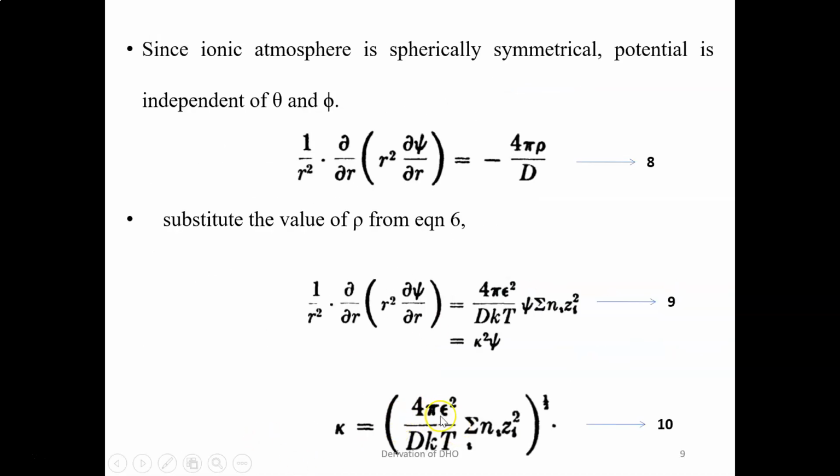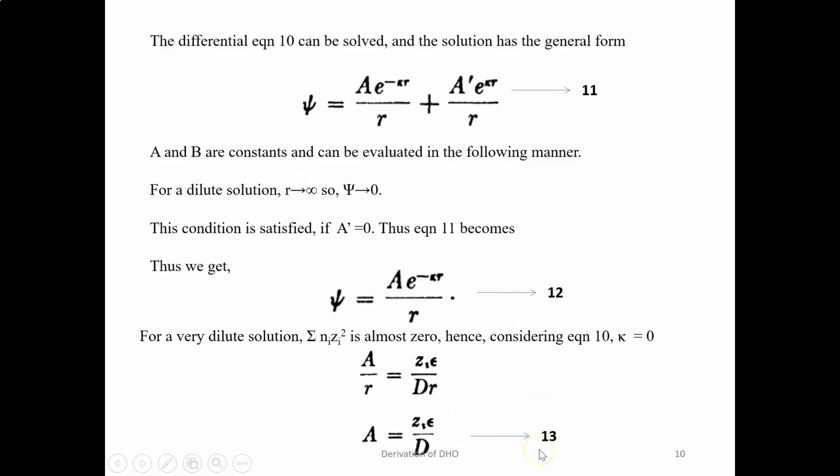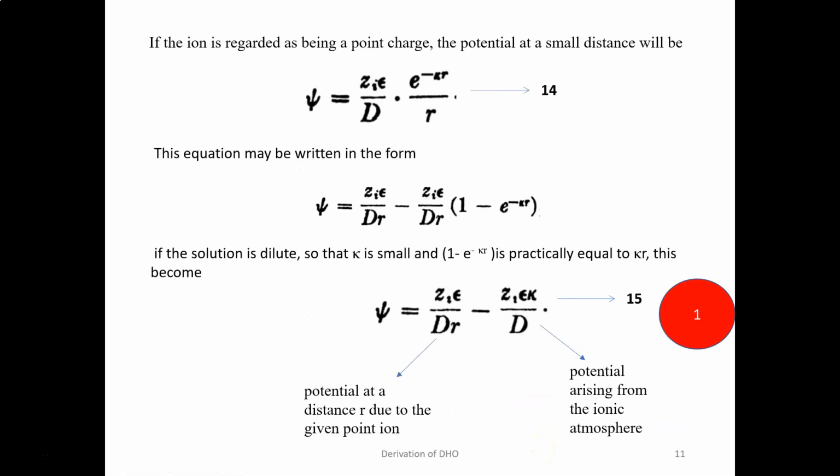K is actually (4 pi epsilon square divided by dkt sigma ni zi square) the whole raised to 1 by 2. So you can first describe how the ionic atmosphere is formed, then you can describe the potential at the center of dV, that is the volume element, and you can give the description of this kappa.